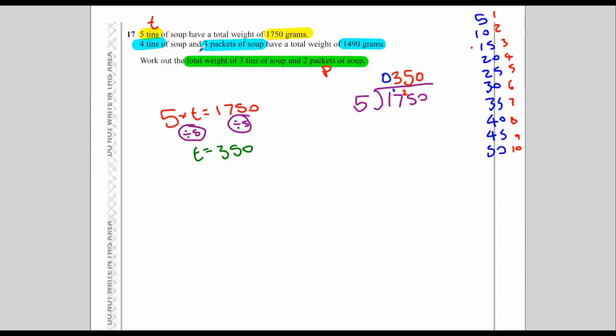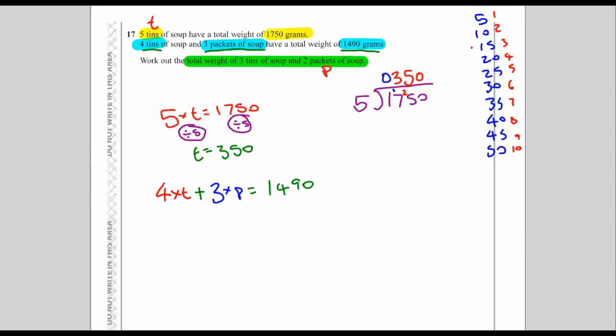Now, 4 tins of soup and 3 packets of soup have a total weight of 1,490. So as an equation, we're saying 4 lots of T plus 3 packets, so 3 lots of P, equals the weight of 1,490 grams.